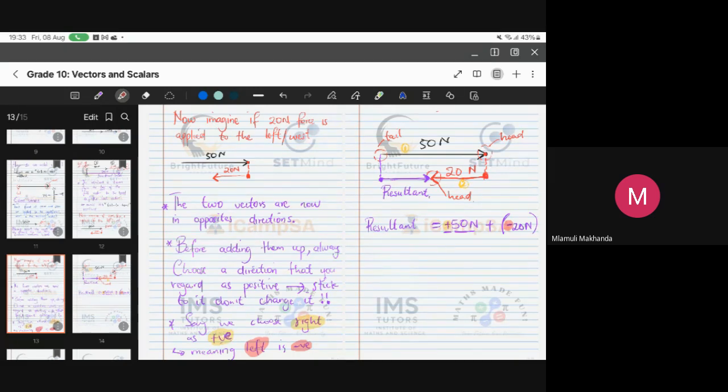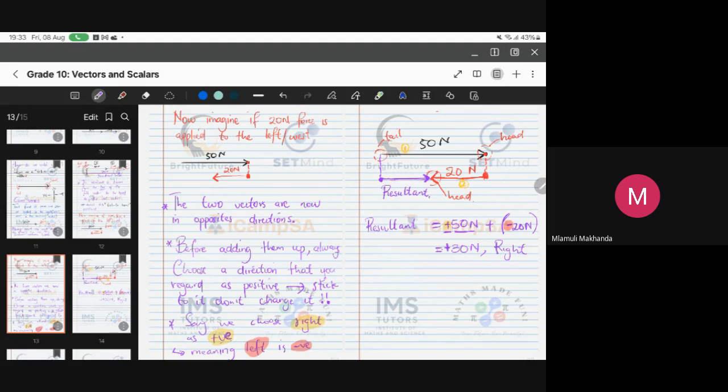So when you add this up, you can just punch it in your calculator. It will give you 30 newtons. Since this is a vector, we specify direction, right. How do we know it's right? There's a positive sign here.